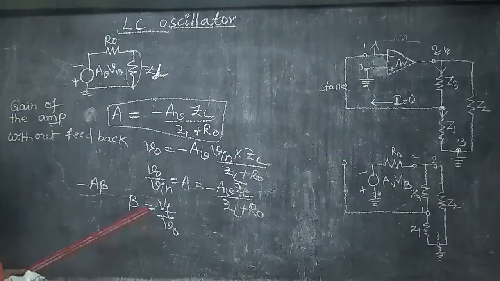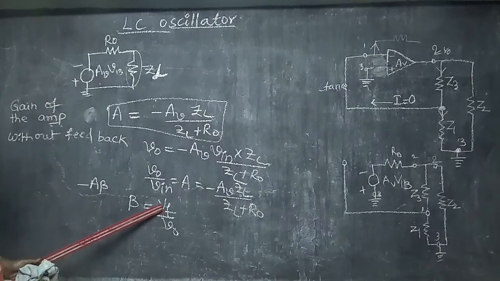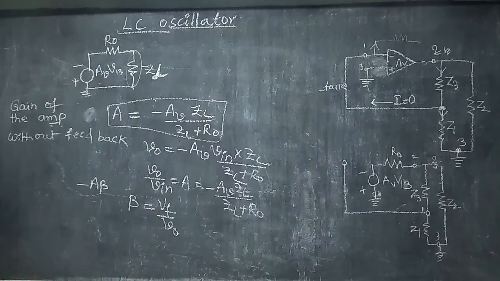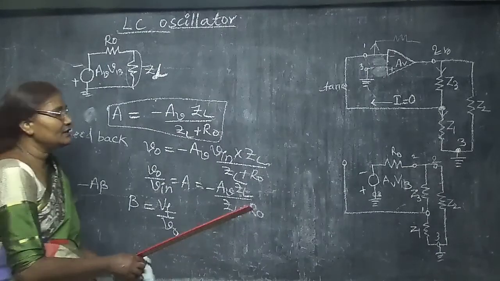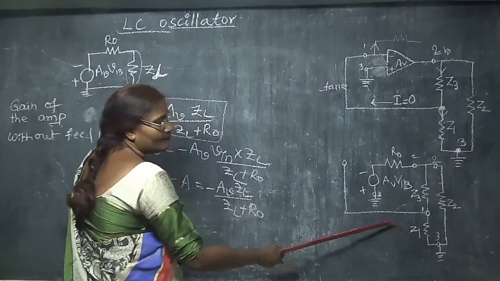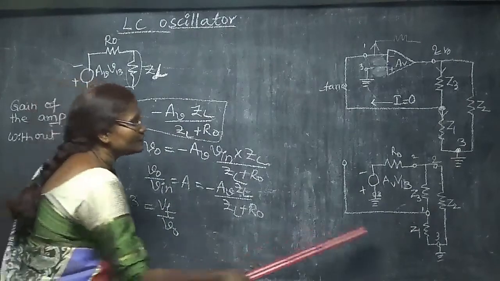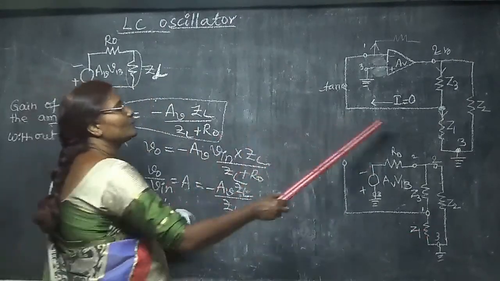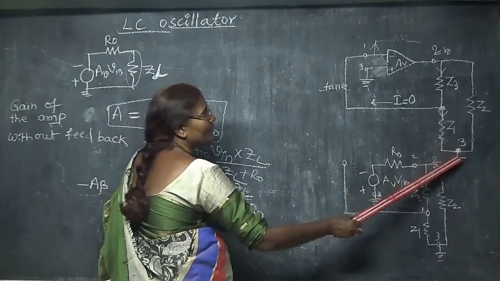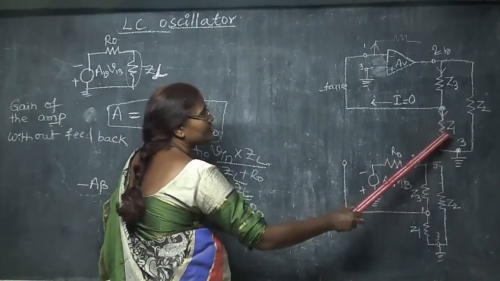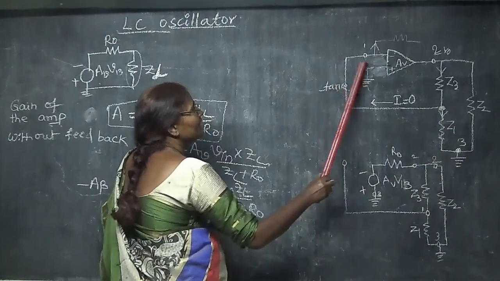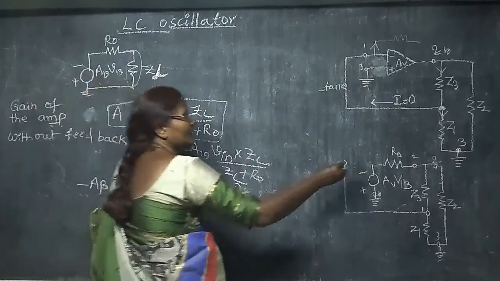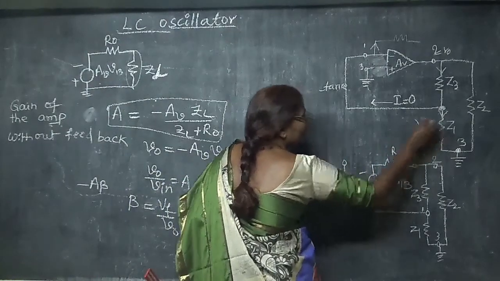And here VF is the output of the feedback network and V0 is the input of the feedback network. So if I consider the feedback network here, which voltage is going to the input? If you consider this part, the drop across this is going to be the input of this amplifier. This is nothing but VF.